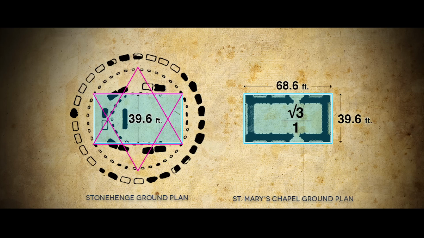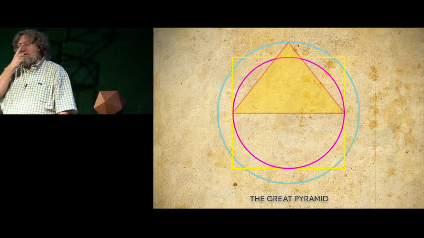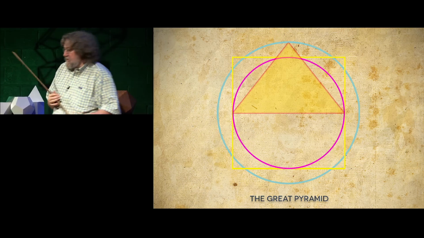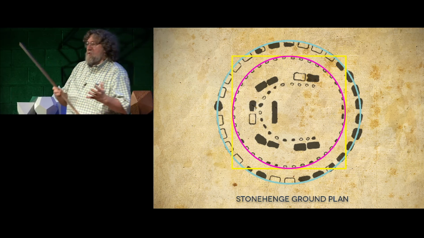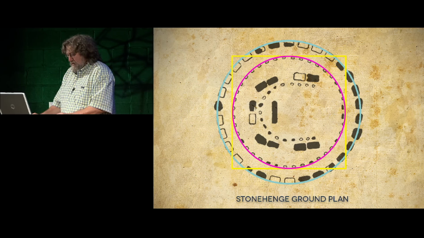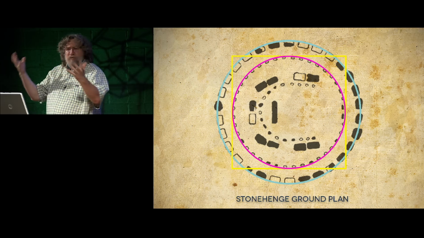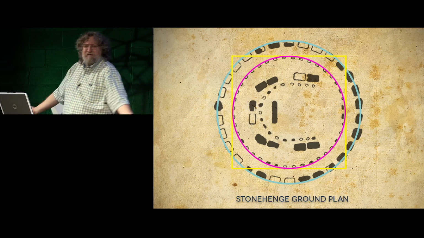There's also the squaring of the circle. I mentioned earlier that the Great Pyramid was a solution to the squaring of the circle problem. And Stonehenge also provides us with a solution to the squaring of the circle. The squaring of the circle was the preeminent problem of classical geometry, because these were considered to be symbolical of the two disparate realms of phenomena.